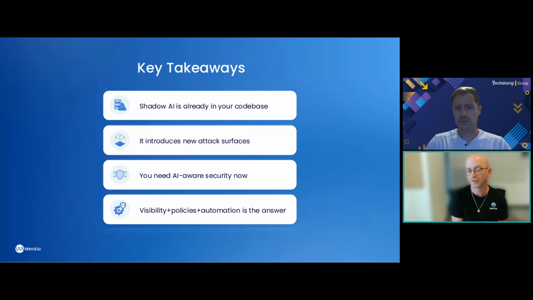Then you want to make sure that the solution also provides the risk assessment related to the usage of these components. Again, one thing that I want to make clear, we do not see the usage of AI as risky on its own. On the opposite, I think the usage of AI is amazing.